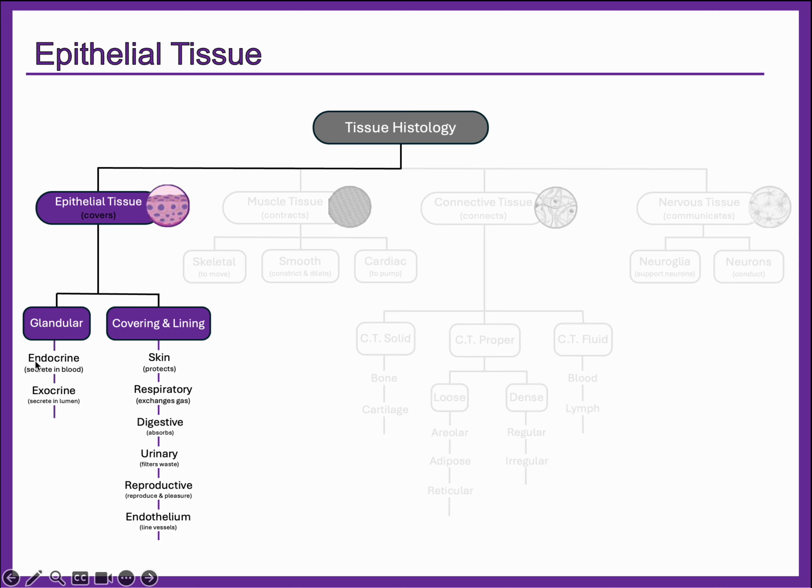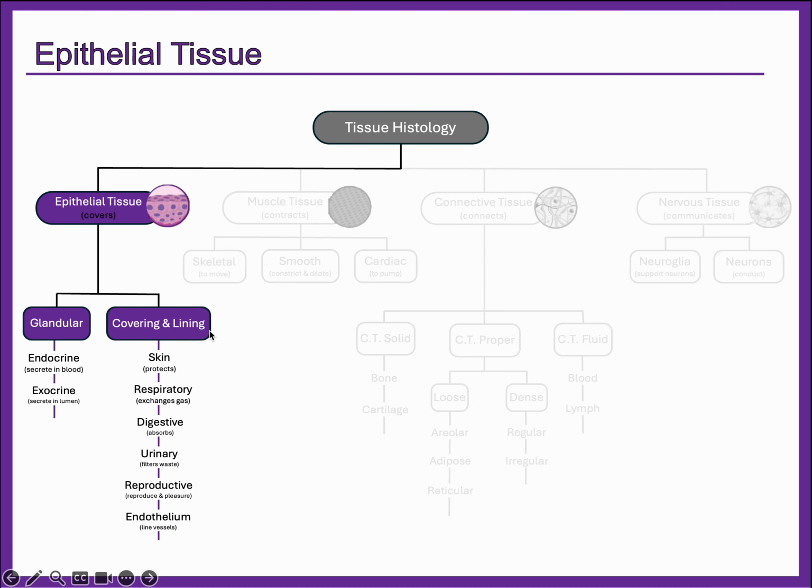It could be an endocrine gland, which means that it secretes its product into the blood, most often like a hormone. Exocrine glands secrete into a lumen, which is to the outside part of the body. So for example, we'll see a sweat gland.